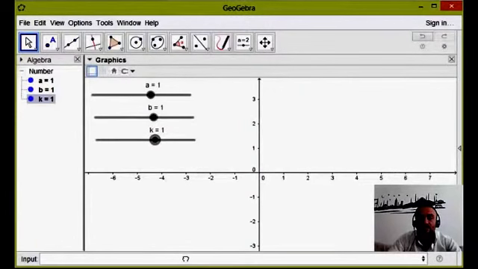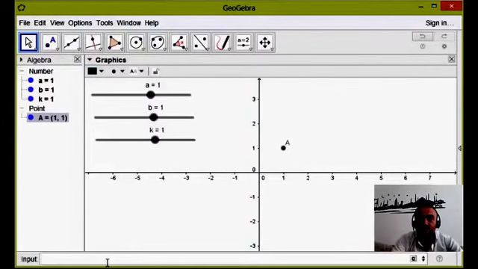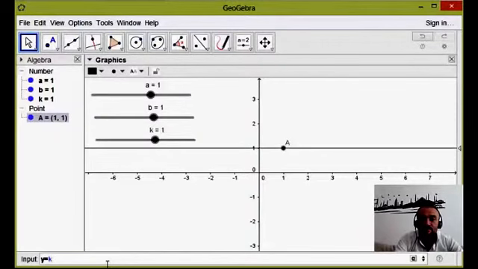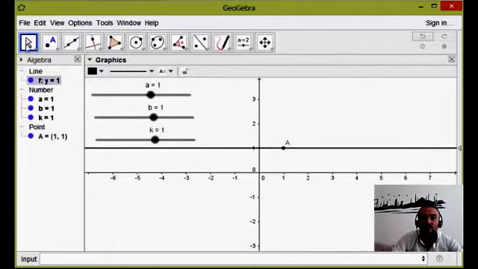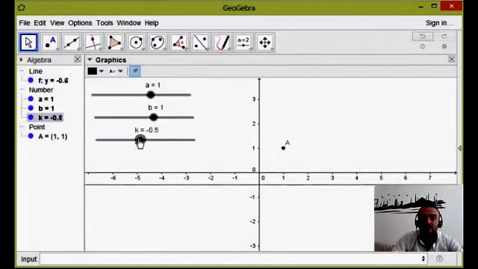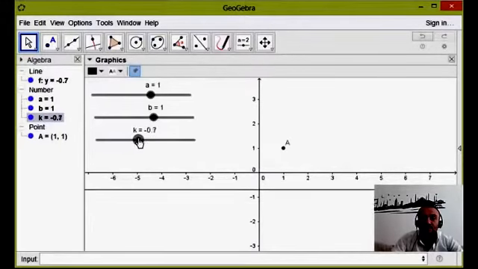My sliders will work as a point AB. This is my focus point, and the line y equals k. Why did I choose a horizontal line?